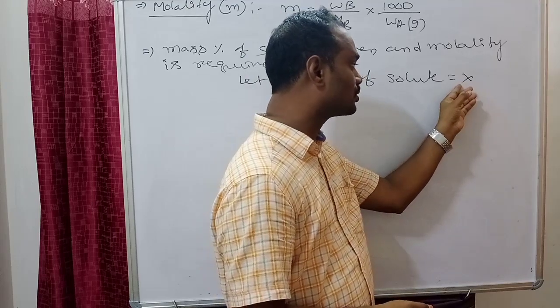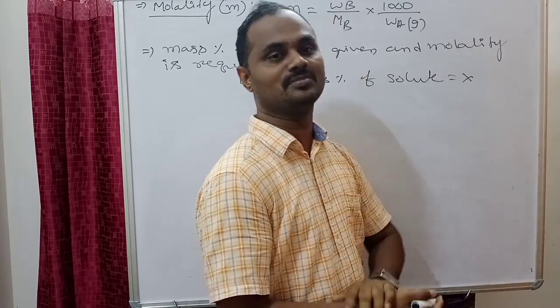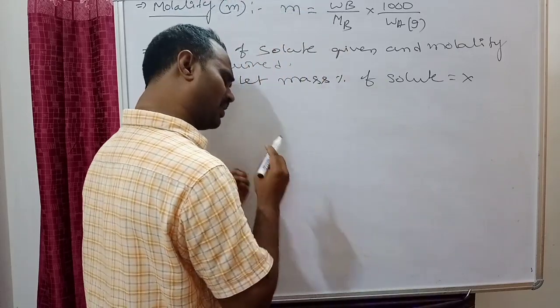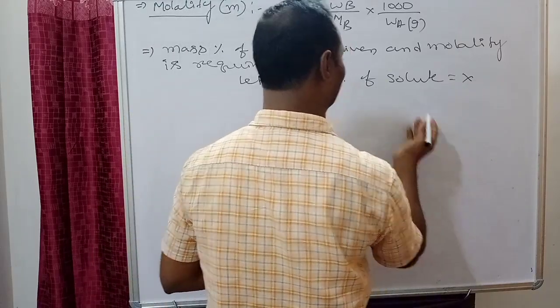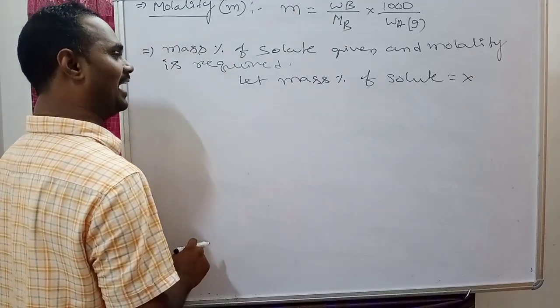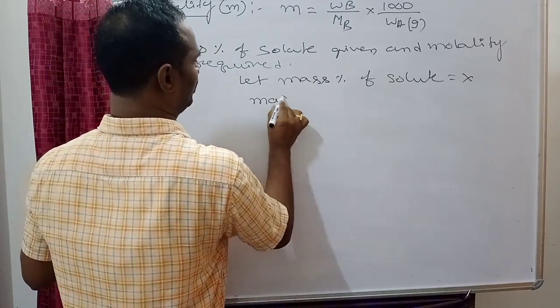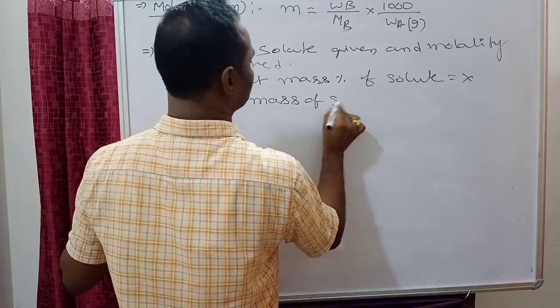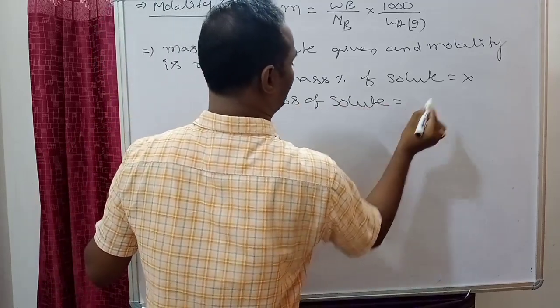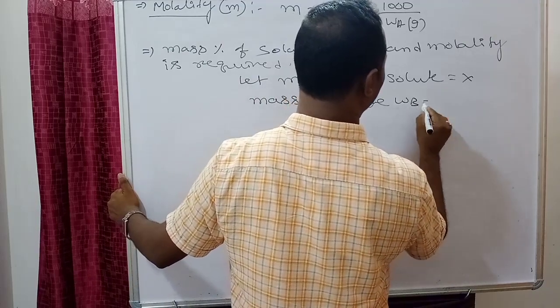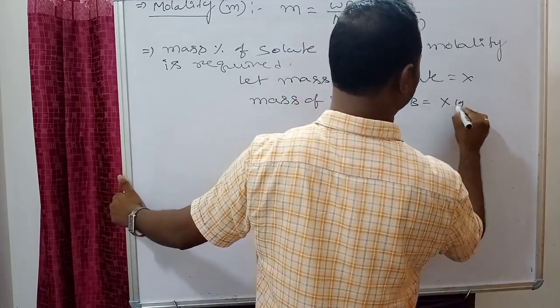X grams of solute present in 100 grams of solution. Is it clear? So if the mass is not given, this percentage we have to consider as the mass of solute. Here, mass of solute WB is equal to X grams.